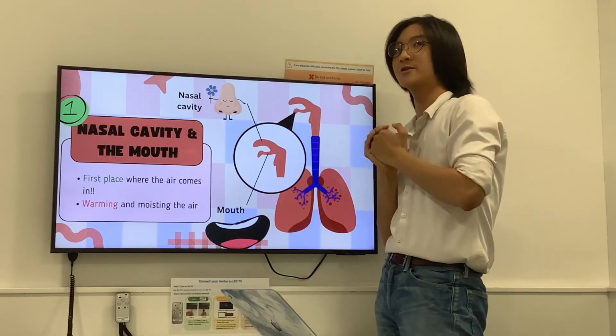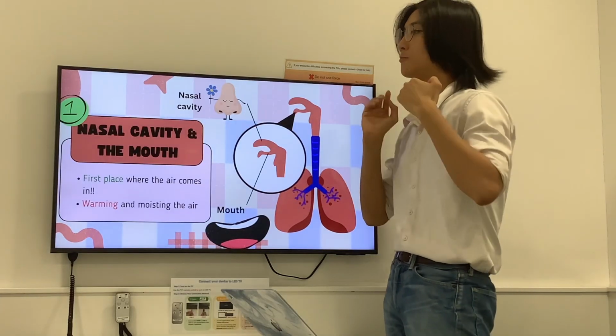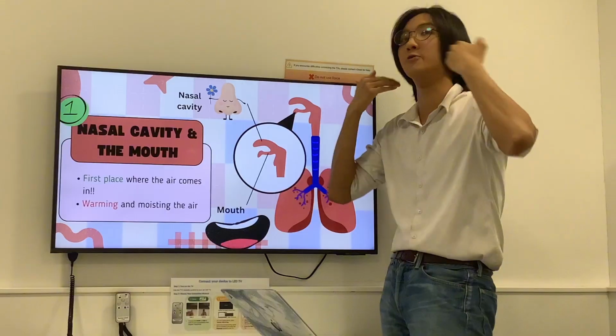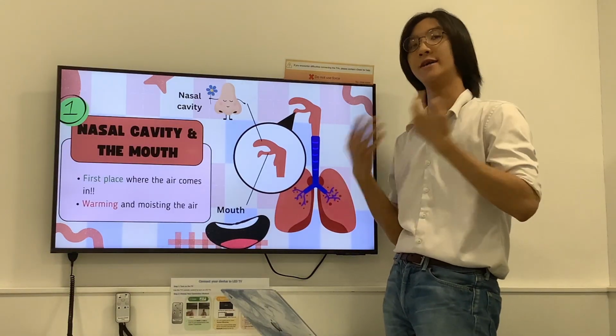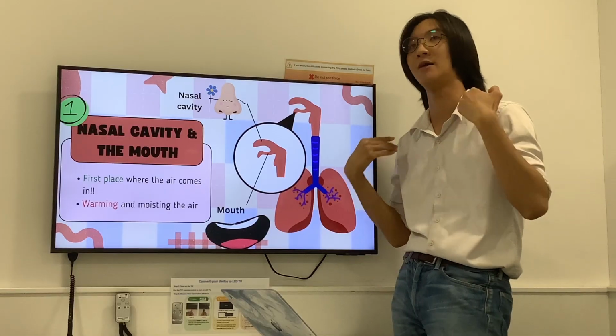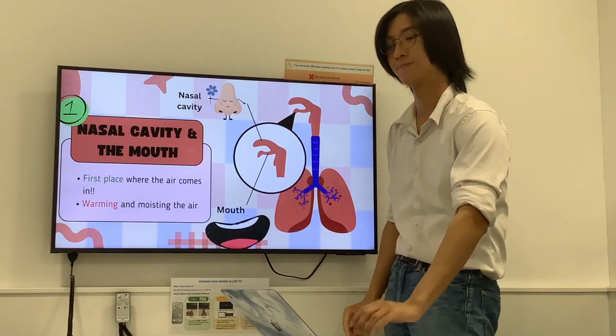Its functions, as I mentioned, are to warm the inhaled air, and also to moisten the inhaled air and help prevent any irritation.